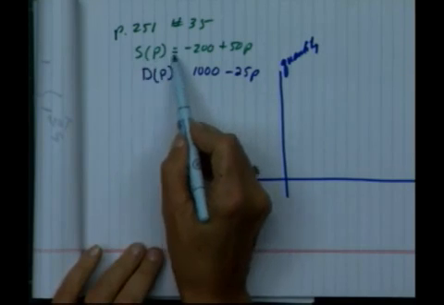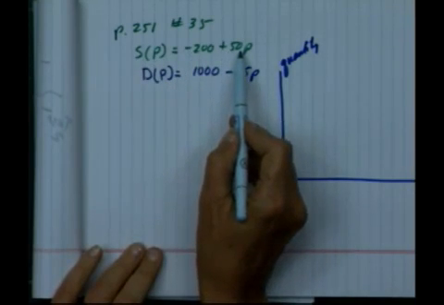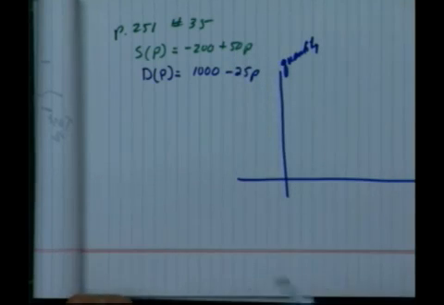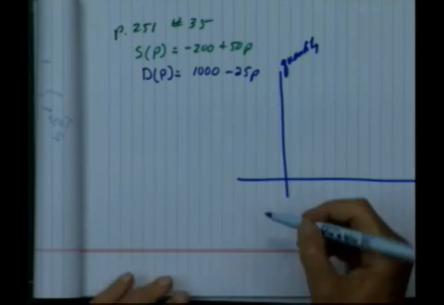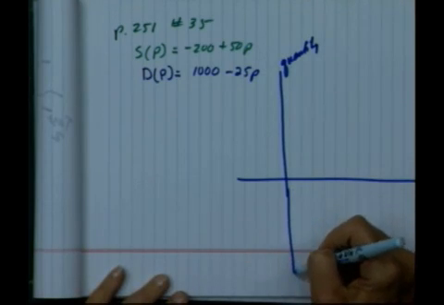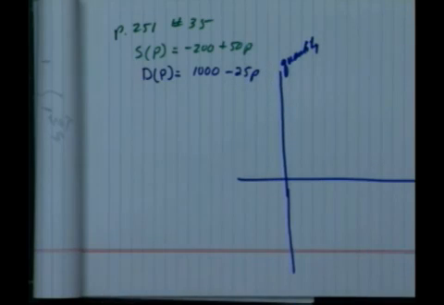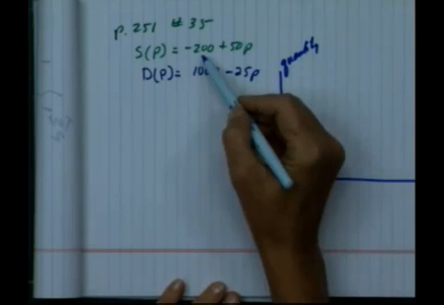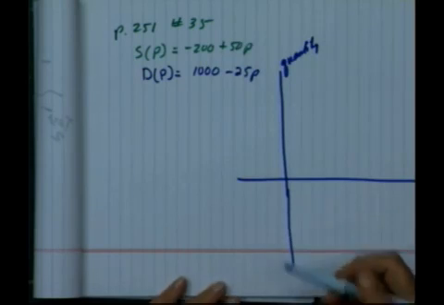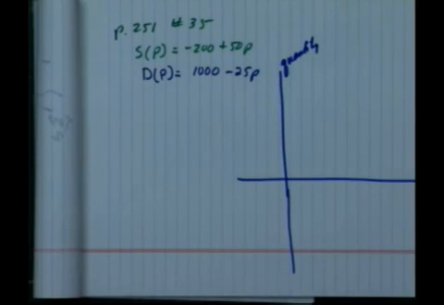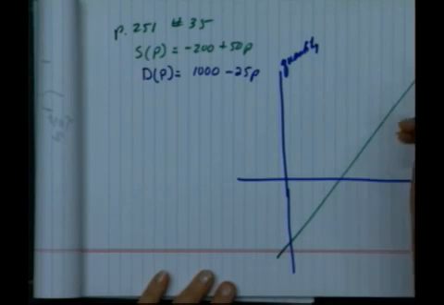S of P, the supplied, is negative 200 plus 50P, so you're way down here somewhere on this axis, which basically means they're not going to start supplying until the price gets up. Negative 200 plus 50P, so this graph is going to go something like this.